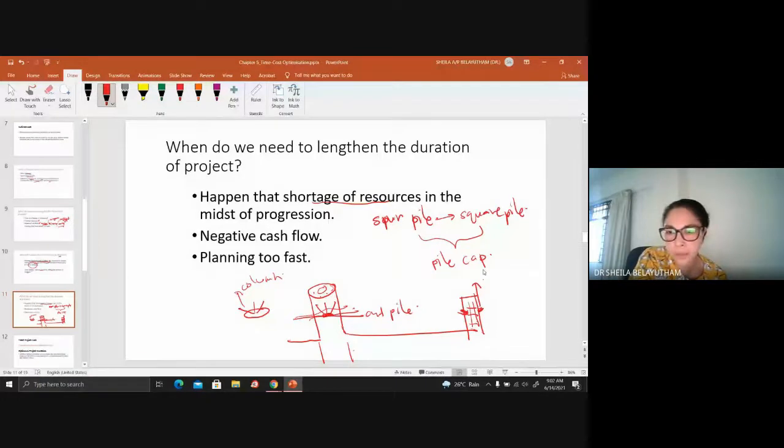With a square pile, you need to hack the concrete part of it, and from the top you need a crane to pull it off, and then you will remain with this reinforcement bar here. But in terms of the two different piles, spun pile is much stronger, it's pre-stressed. Square pile would have a lot of damage.